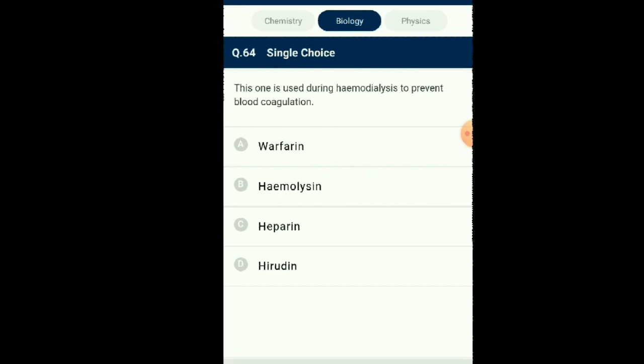Which one is used during hemodialysis to prevent blood coagulation? Heparin is an anti-clotting factor or anticoagulant that prevents coagulation of blood in undamaged blood vessels. So the answer for this question is option C, heparin.